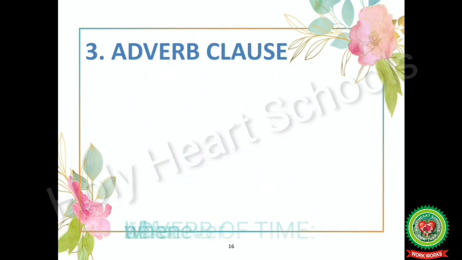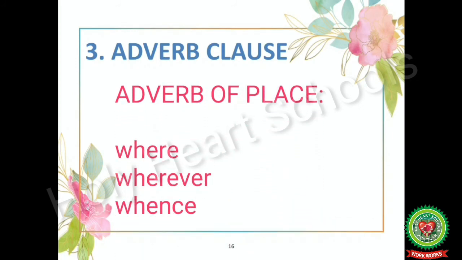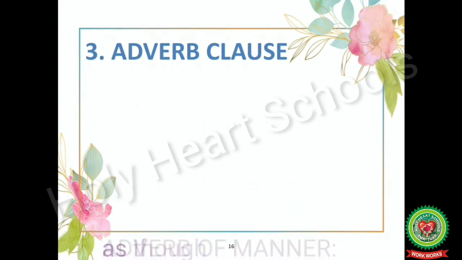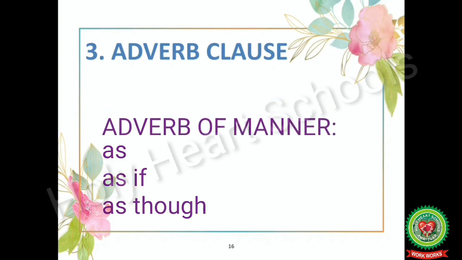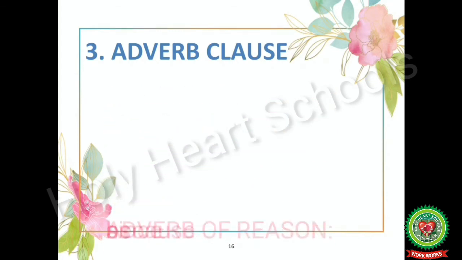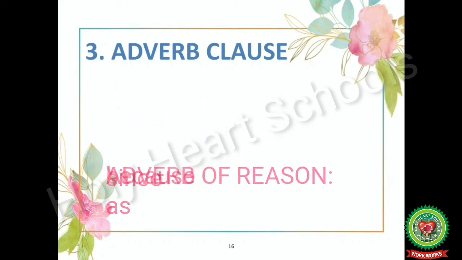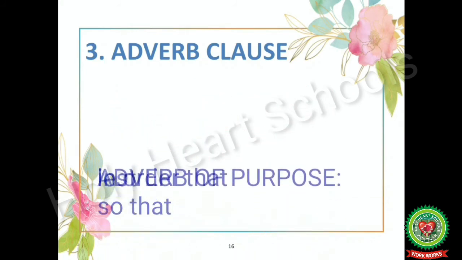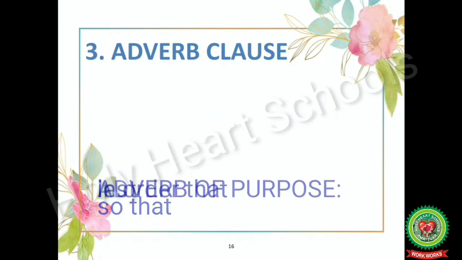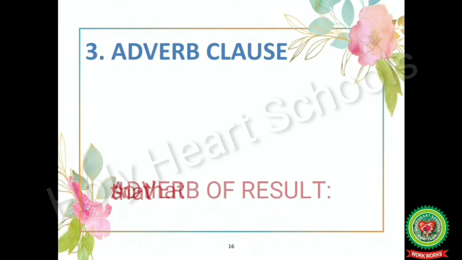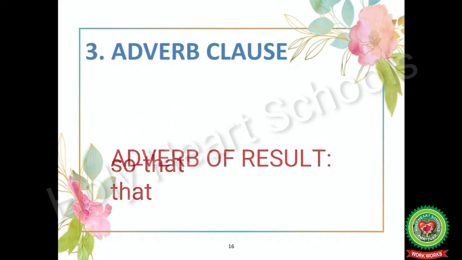For adverb of time, we can use when, whenever, before, after, till, etc. For the adverb of place, we can use where, wherever, whence, etc. For the adverb of manner, we can use as if, as though. For the adverb of reason, we can use because, since, and as. For the adverb of purpose, we can use in order that, lest, so that.